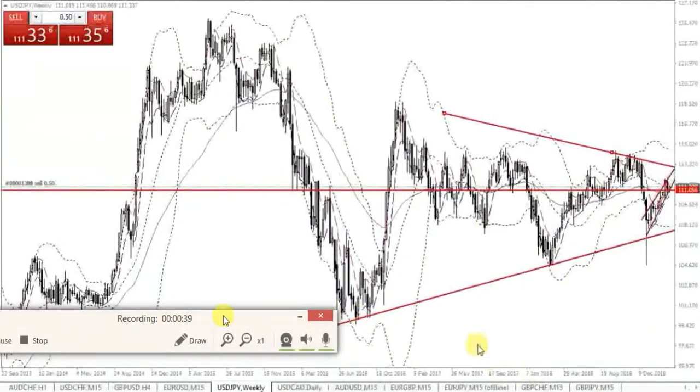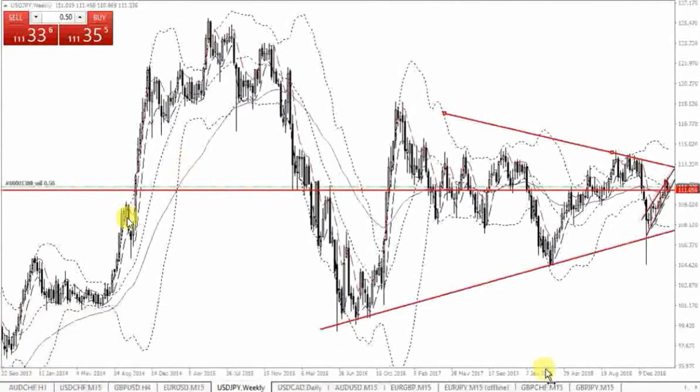So basically, I'm having a look at the larger trend, right? Basically, what I see is on the higher time frame, on the monthly, we had a downtrend which failed, right? Retracing back up to this level, right?